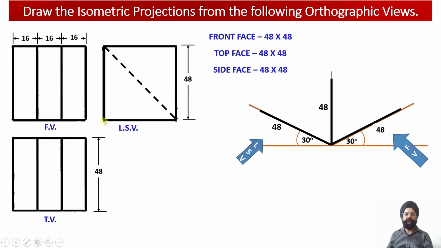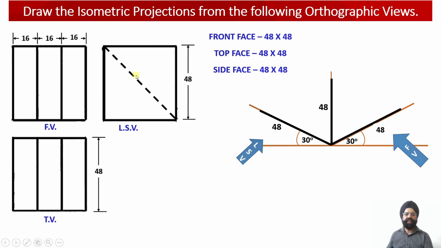Finally, when we look at the solid from the left hand side, we observe that this is the width of the solid, and this width is equal to 48 millimeter. So this distance we get from the top view projection over here, and the height of the solid is equal to 48 millimeter. So the side view face will again be a square having edge equal to 48 millimeter.